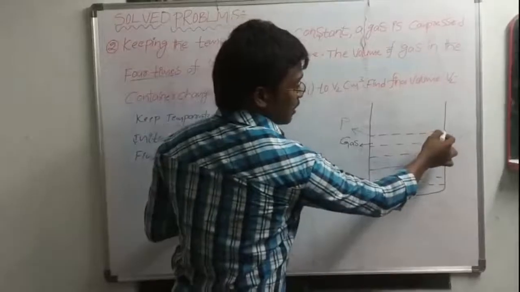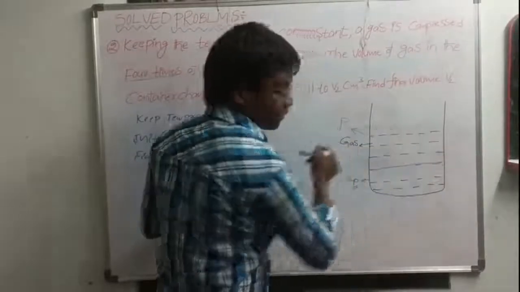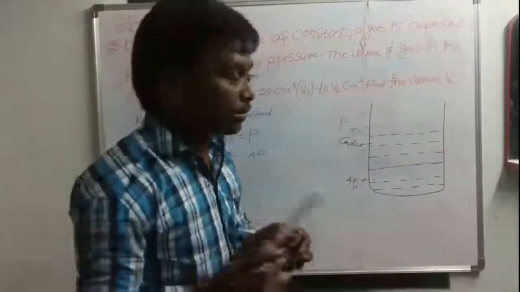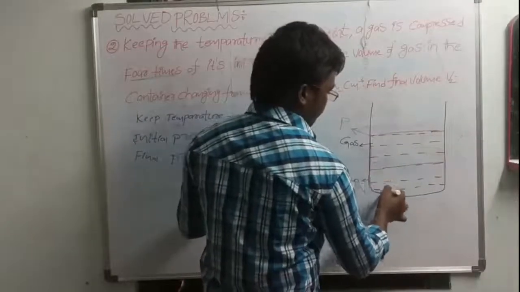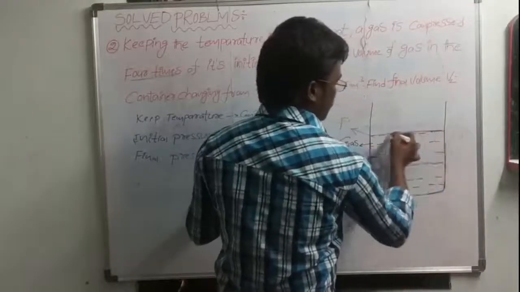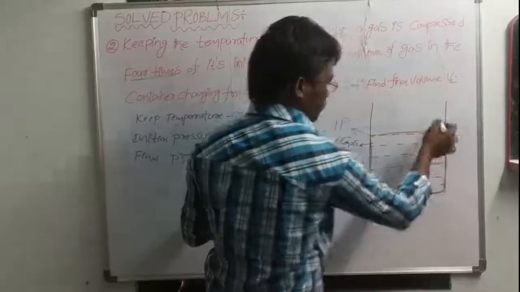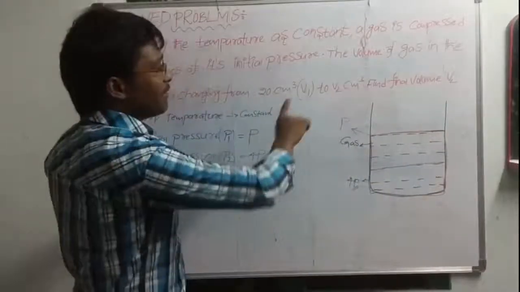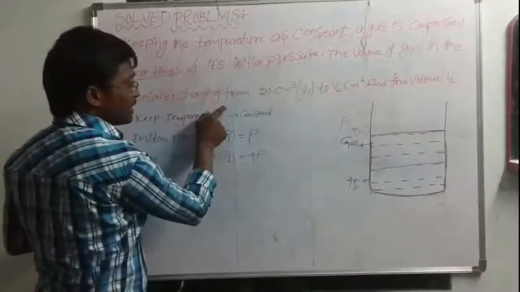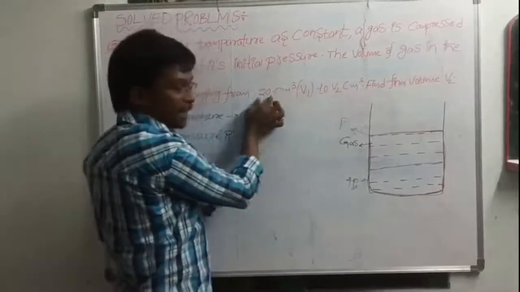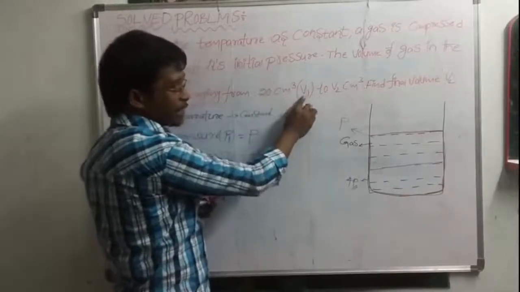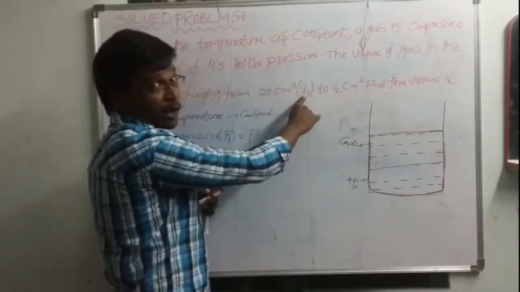This is the volume of the gas. So what is he giving? The volume of the gas in the container changing from 20 to V2. 20 centimeter cube. This he mentioned in the bracket, V1 means volume 1.